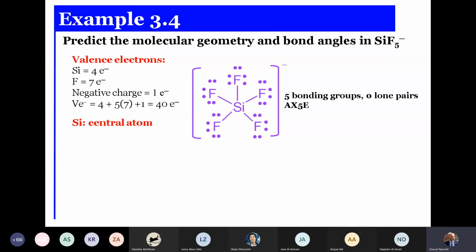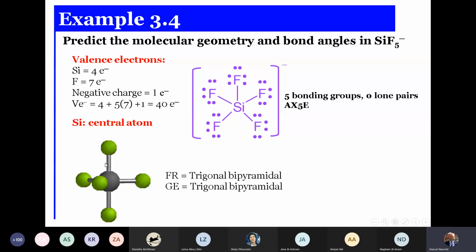So AX5 is trigonal bipyramid, and since we don't have any NBP, this is AX5E0, then the geometry is simply trigonal bipyramidal. What are the angles? In the trigonal bipyramidal, equatorial 120, axial-equatorial 90 degrees.